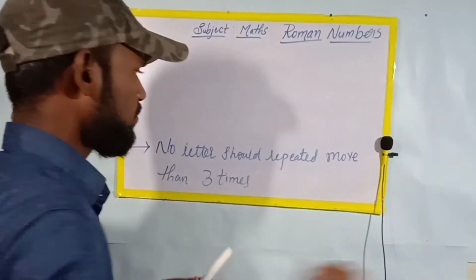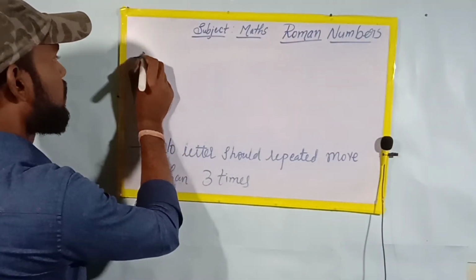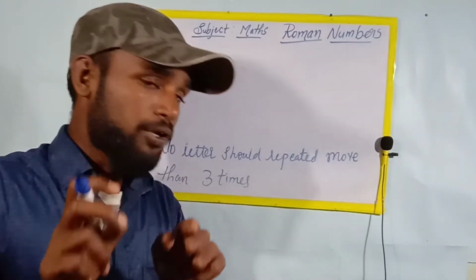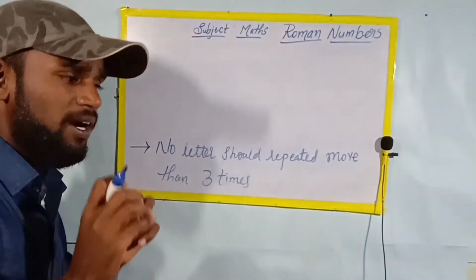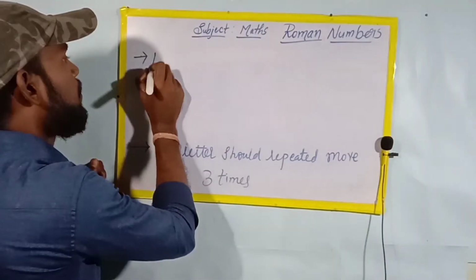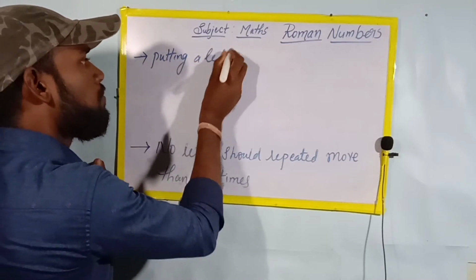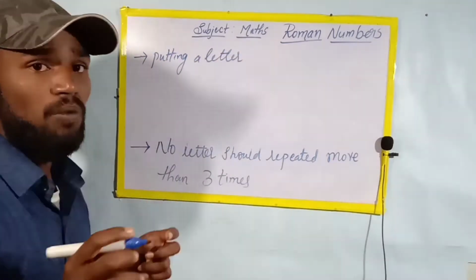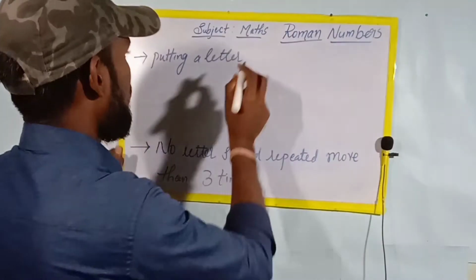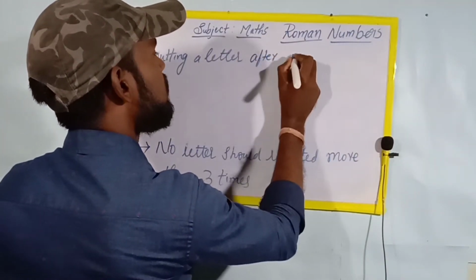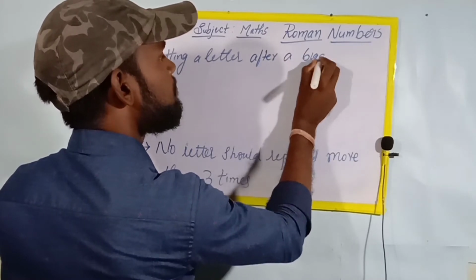So next rule is putting a letter after one of the bigger value. Okay, putting a letter after a bigger value.